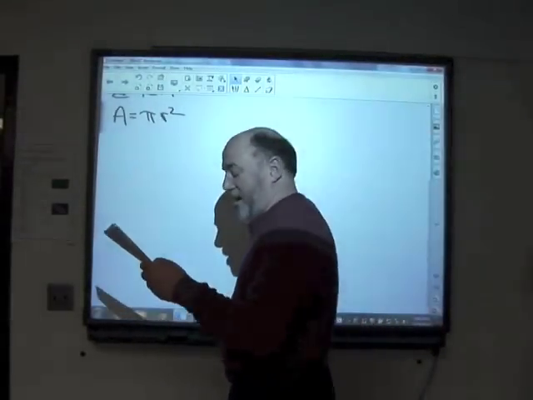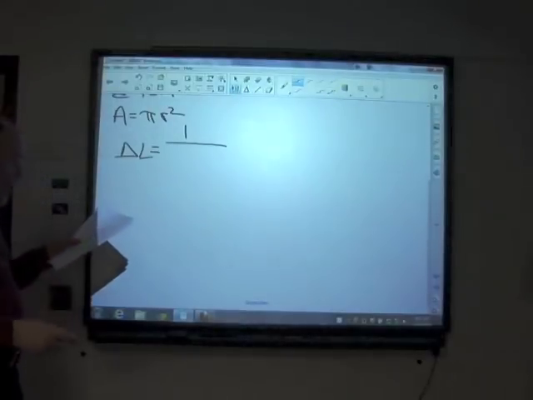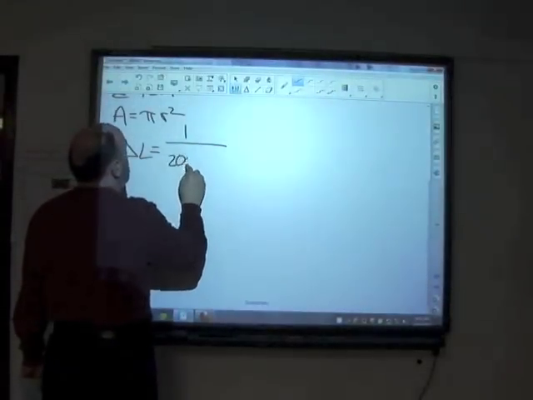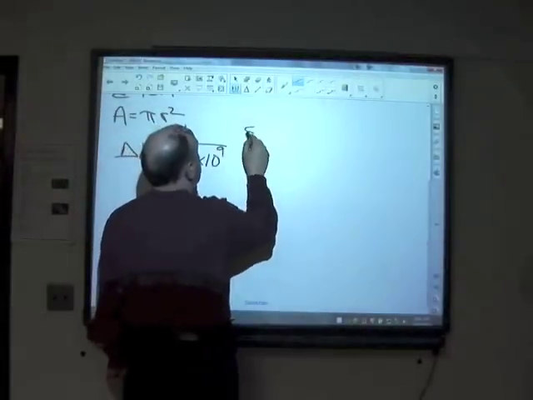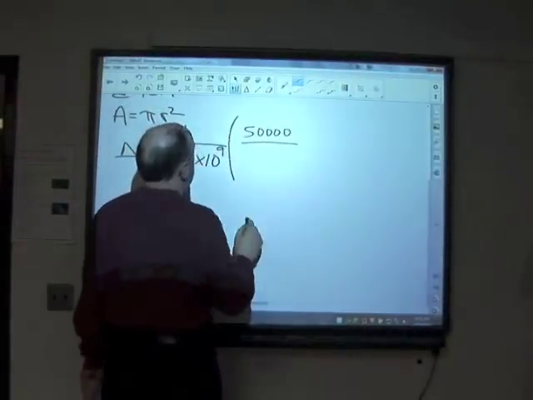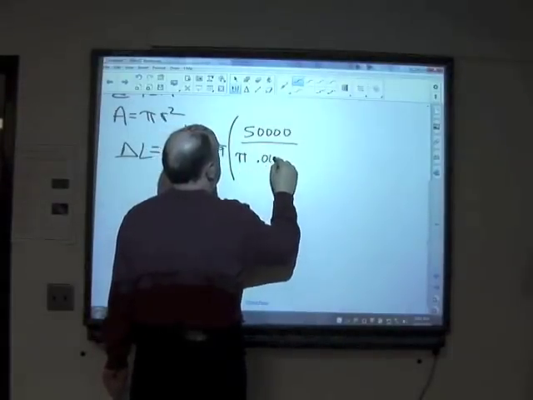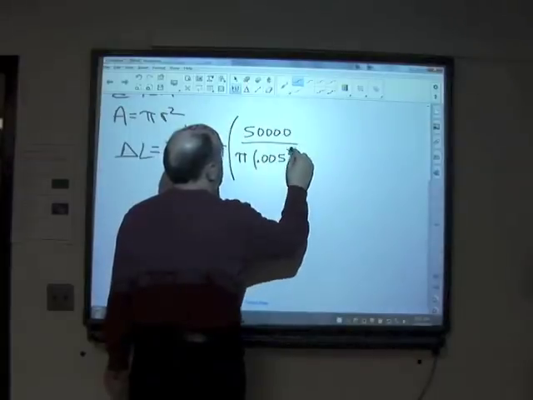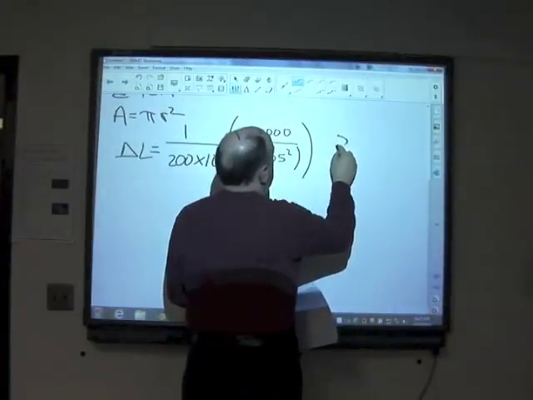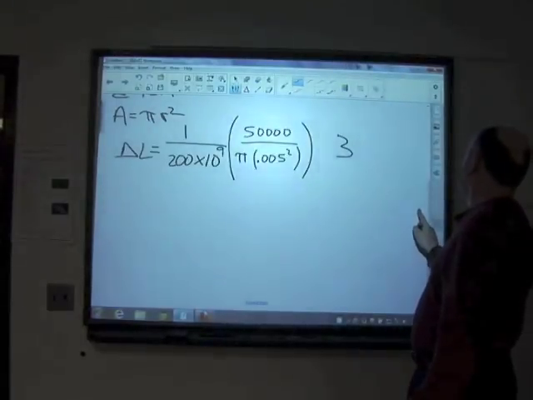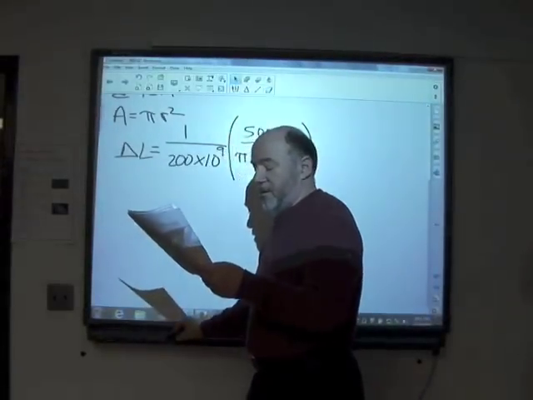And so we can plug into that equation, and so delta L is going to equal 1 over E, and that number from the book is 200 times 10 to the 9, times the force, which was 50,000, over the cross-sectional area, which is going to be given by pi r squared, so that'll be pi times 0.005 squared, times my original length, which was 5.